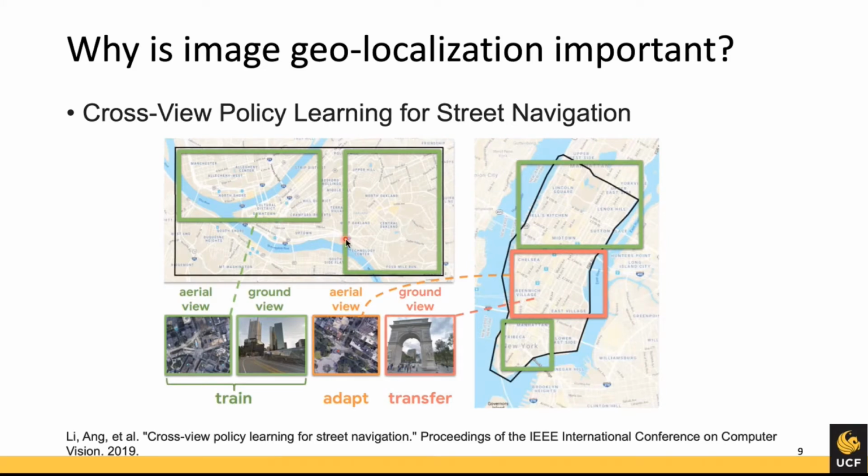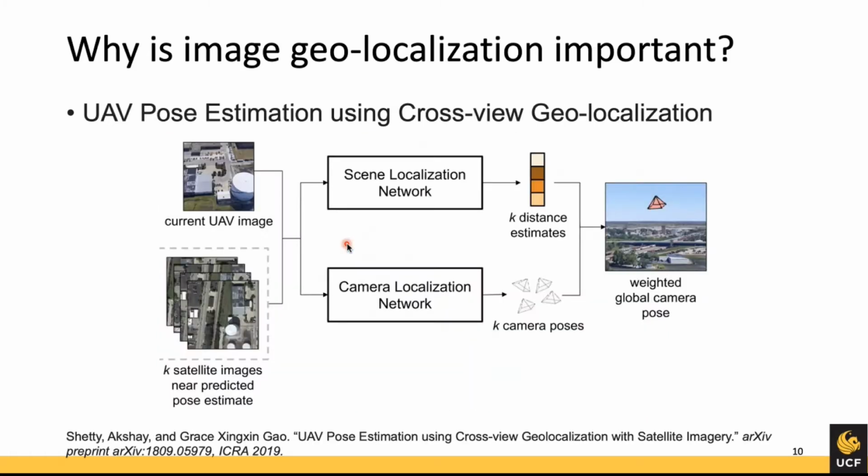We can also directly use image geolocalization for street navigation. And we can also use geolocalization for UAV pose estimation or to help the UAV navigate in some GPS-denied regions, right? Because some of the regions are very restricted. You cannot use any GPS signal. Then you can only rely on visual information to guide the navigation.